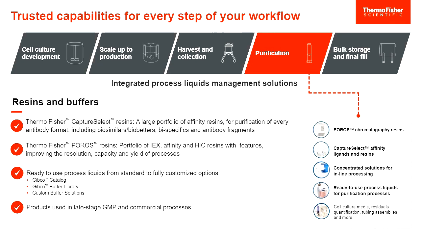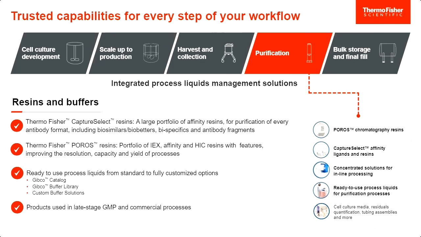From the Affinity side, the Capture Select offering addresses purification of a wide range of biologics. The manufacturing capabilities for the Affinity ligands consists of vessels ranging from 10 liters to 15,000 liters, and is located in the Netherlands.